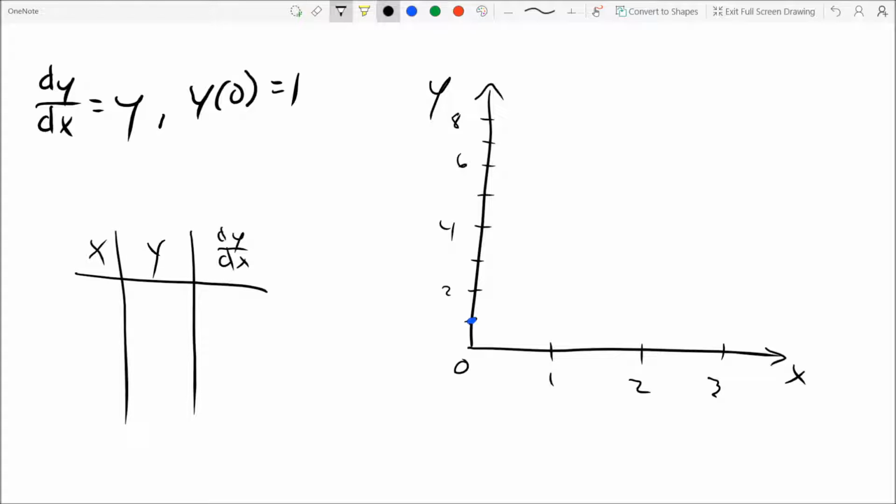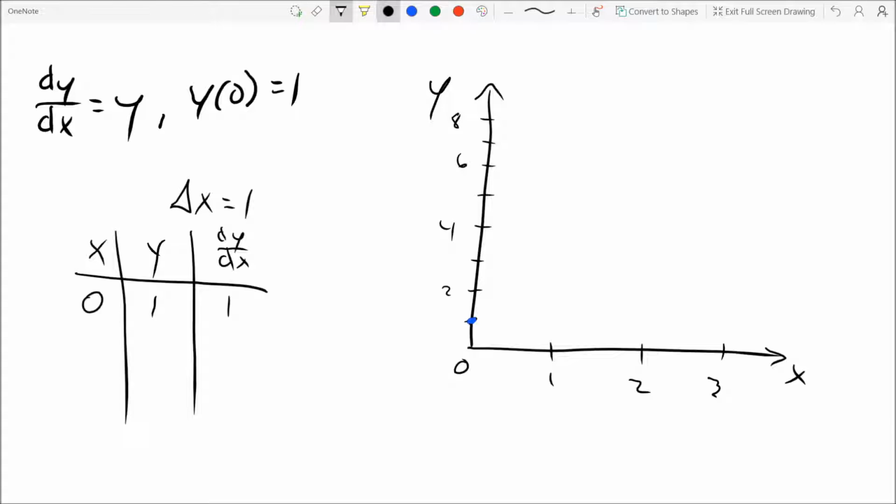And I'm going to take steps through the space of delta x equals 1. So we start at 0. Our y value is 1 because of the initial condition. And then dy/dx is just going to be equal to 1. So that means our slope is going to be 1.